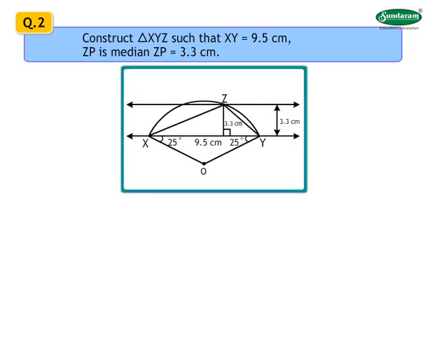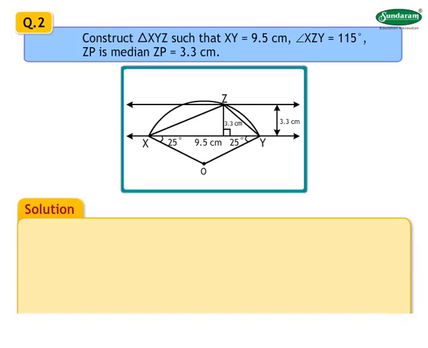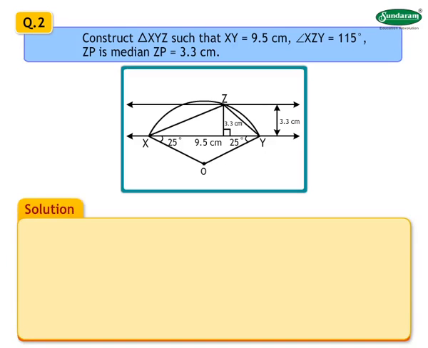Question 2. Construct triangle XYZ such that XY is equal to 9.5 centimeters, angle XZY is equal to 115 degrees, ZP is median, ZP is equal to 3.3 centimeters. Solution. Let O be the center of the circle.